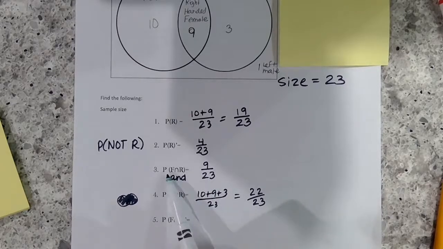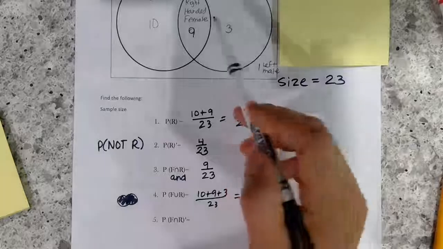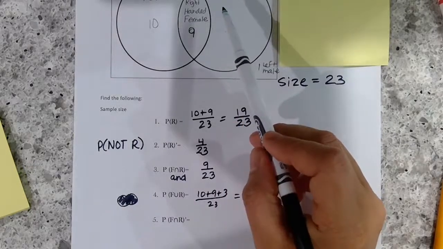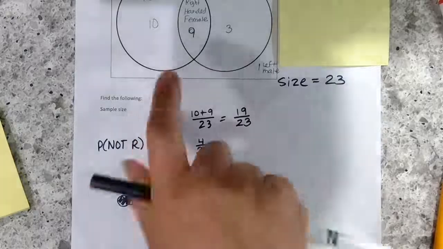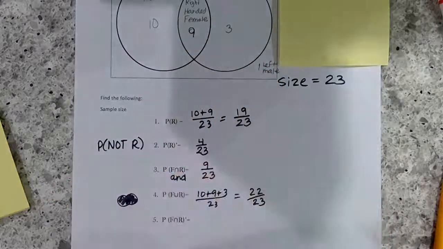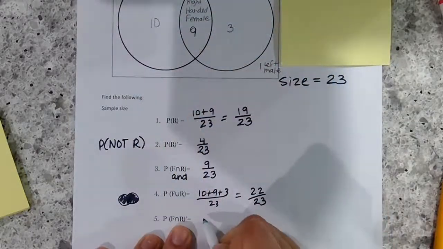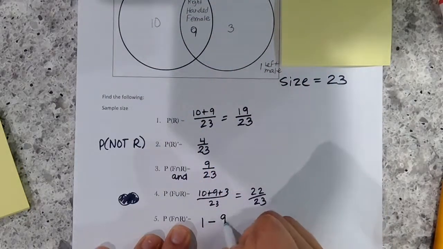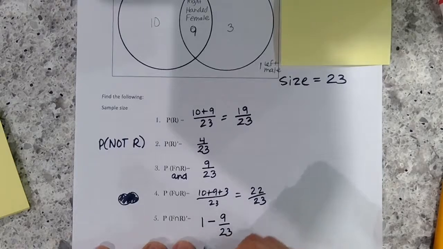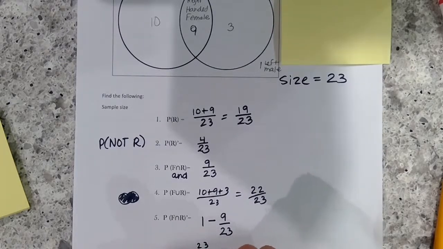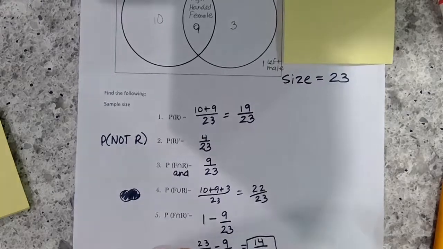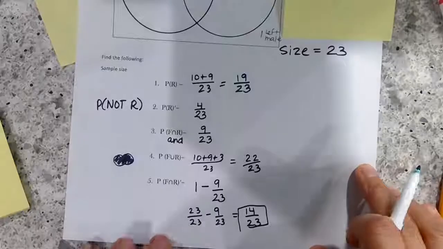So for this one, probability that they are female and right-handed is just going to be this 9. So you can add the rest, 10, 3, 1, and then say that that would be 14 out of 23. Or mathematically, it's going to be 100% is the whole. So 1 minus 9 out of 23. And this is the same thing as 23 over 23. Okay, so either way.